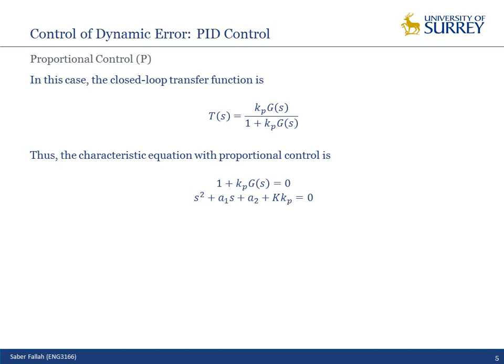But by increasing Kp, I can increase the natural frequency of the system. Indirectly, I can affect the damping, change the damping ratio of the system. By increasing omega n, I will decrease the damping ratio of the system. If you get back to your lecture notes, to the second lecture, you see that by changing the damping ratio of the system, I will change the overshoot of the system.